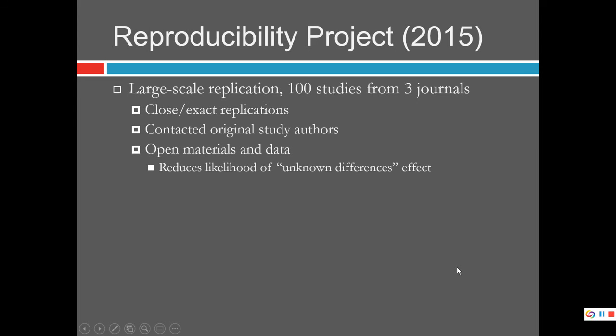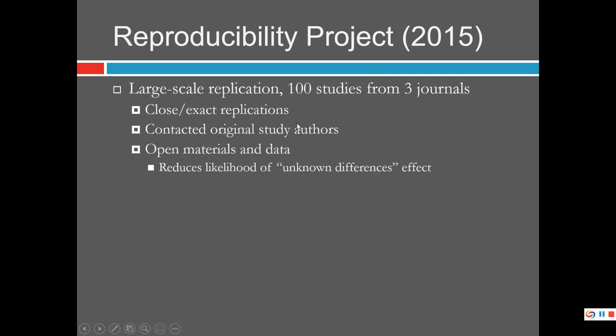The reproducibility project, again, is a bigger project that was started in the wake of those different events in 2011 and the replicability crisis. This project took three big journals, selected purposefully, and they selected a random year and a random volume from these three journals within a certain range.